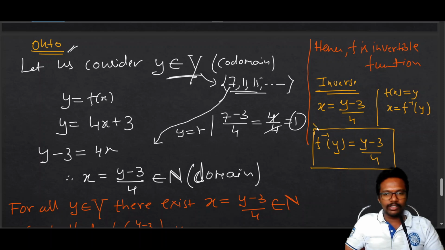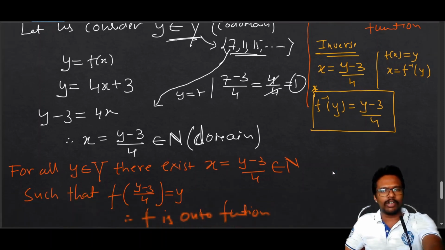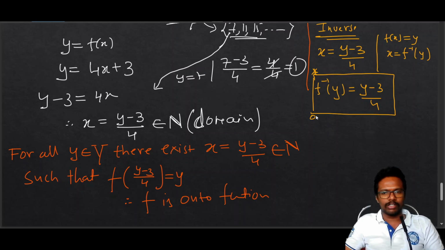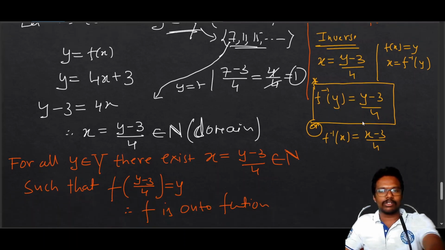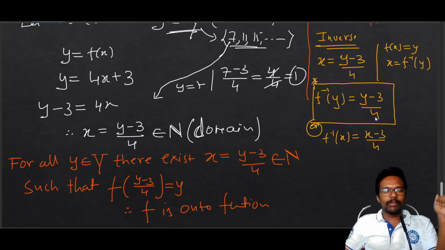We write the inverse as f inverse of y equals y minus 3 by 4, or in the form of x also you can mention, f inverse of x equals x minus 3 by 4. Whichever you like, we can mention it in the form of y or in the form of x. The inverse function looks like y minus 3 divided by 4.